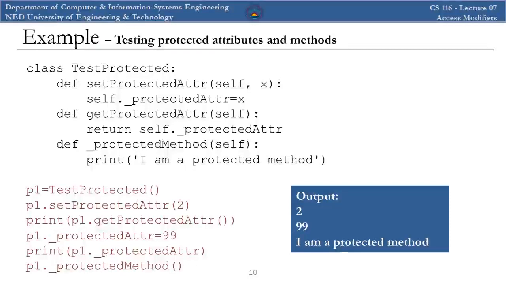It's printing that string, I am a protected method. So again, I would recall that point: putting an underscore does not actually implement a protected mechanism, but it's just a request to the user of your class that this is something I have defined for internal use only, so please don't access it, and the user of your class should respect your decision.